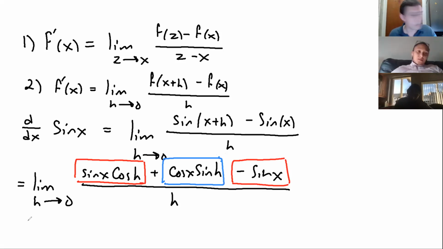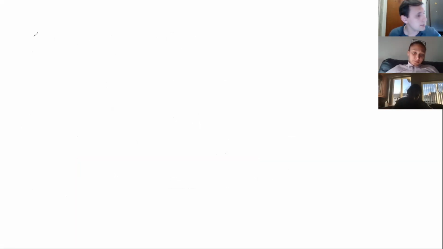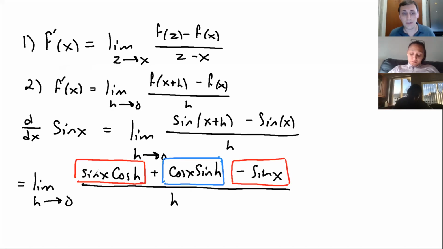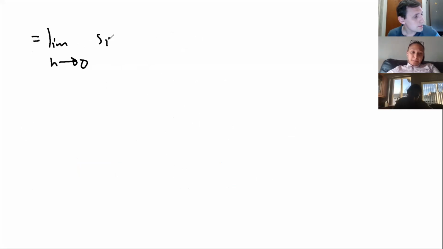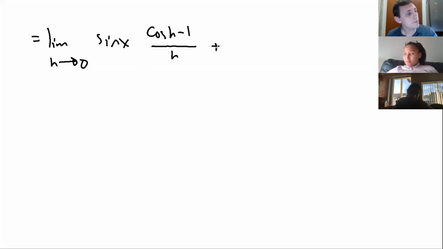We're able to write this, hope you can remember this, guys, as the limit where h goes to 0. Look at that previous formula. We can factor out sine x, and then we get sine x times cosine h minus 1 divided by h, plus the second part.